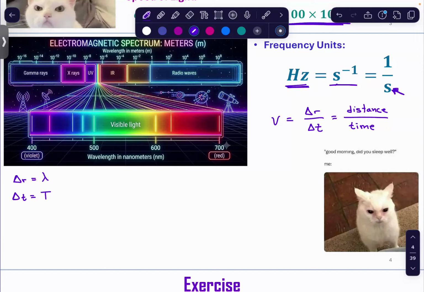Okay, so if we now rewrite our speed, v, delta r over time, is going to be lambda over T. But we have a nice little definition here where our frequency, Greek letter nu, is going to be 1 over your period.